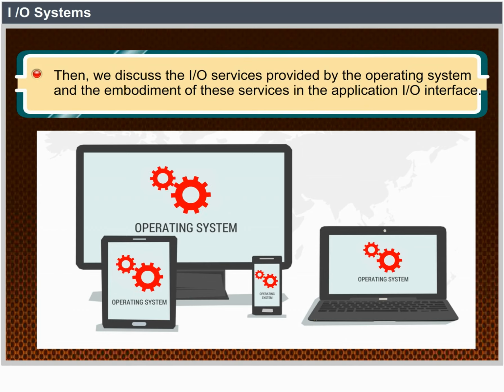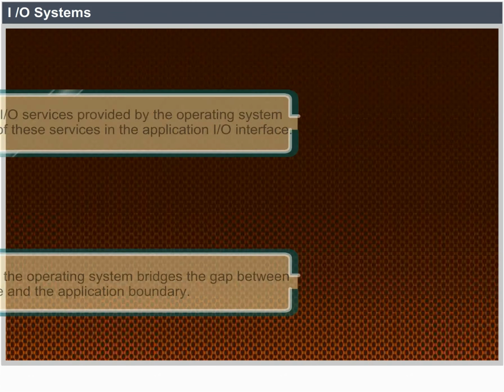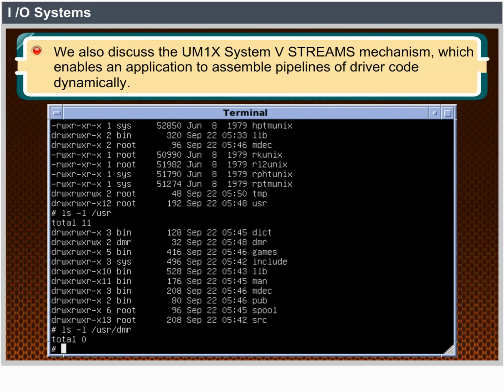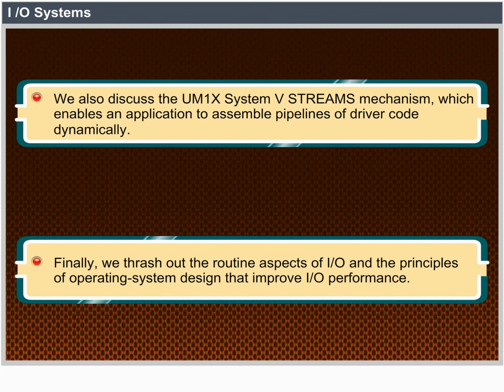Then, we explain how the operating system bridges the gap between the hardware interface and the application interface. We also discuss the UNIX System V STREAMS mechanism, which enables an application to assemble pipelines of driver code dynamically. Finally, we discuss the performance aspects of input-output and the principles of operating system design that improve input-output performance.